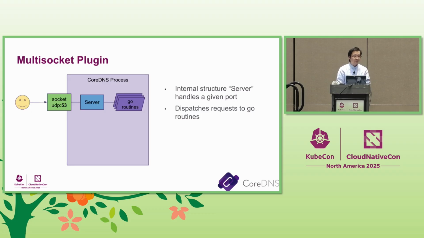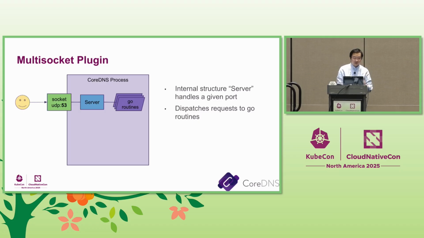It will spin up a server. This server will receive the packet, do the processing, and dispatch the packet to different Go routines so that it can be distributed. This is fairly good because you have multiple Go routines that can run.